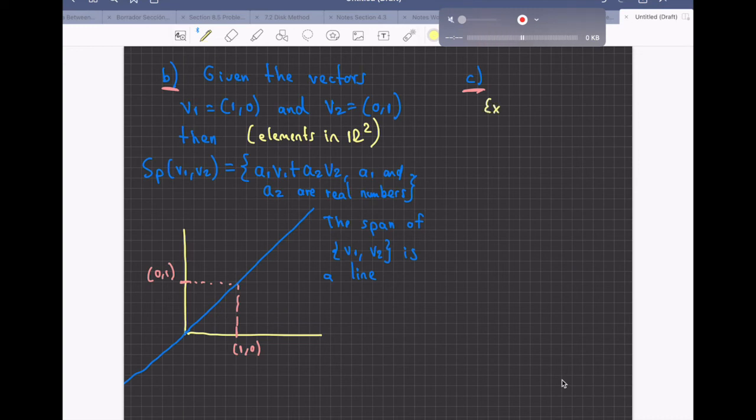Example, given the vector B equal to (3, 2), and the vectors B1 equal to (-1, 1), and B2 equal to (4, 5).